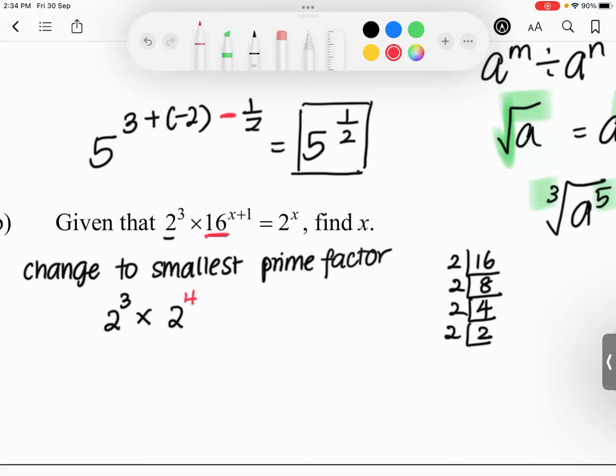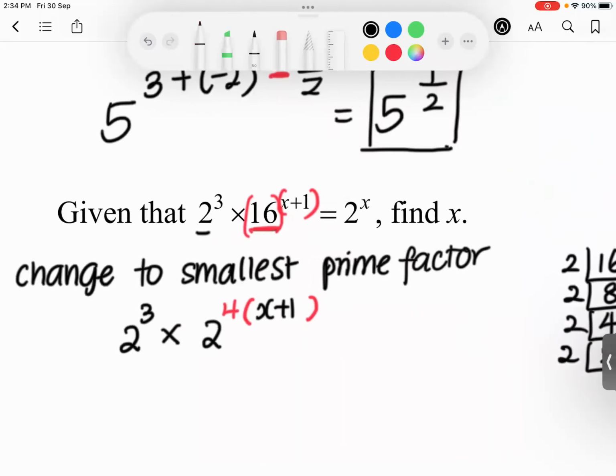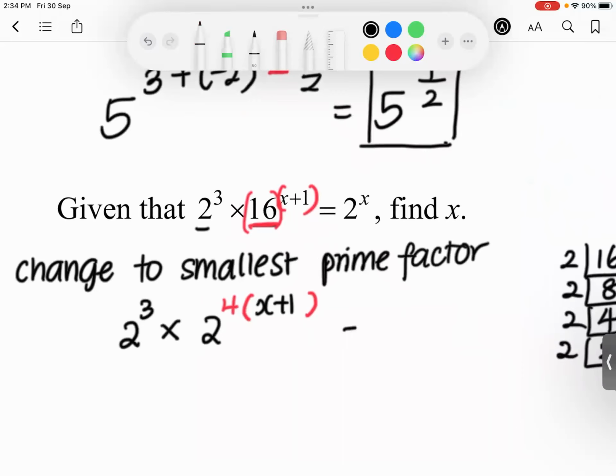But the 16 outside still has one bracket, one power over here, x plus 1. So this needs to multiply to x plus 1. And this one stays 2 to the power of x.